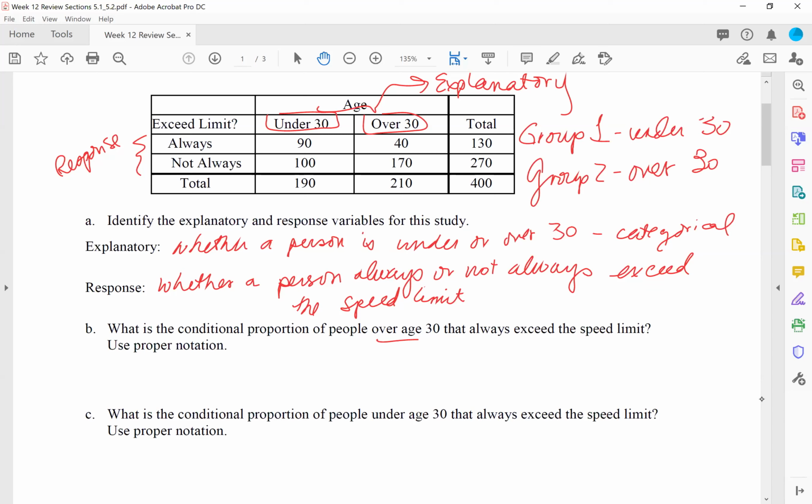Is it 40 over 210? Yep, 40 over 210. This is going to be p hat 2 because the over 30 is our group 2, and that proportion is 0.19.